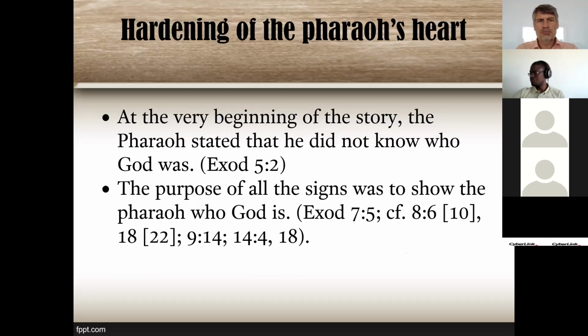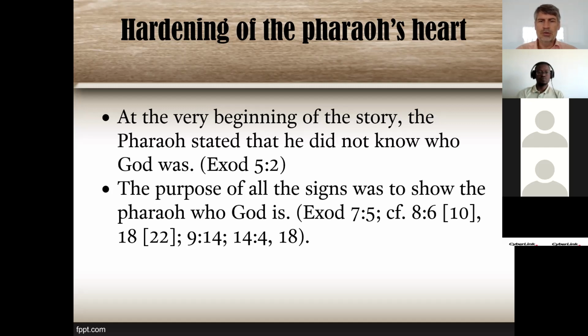And of course, when we speak about the hardening of the Pharaoh's heart and the plagues of Egypt, we cannot avoid this text, Exodus 5:2. In the very beginning, when Moses came to Pharaoh and presented the demand of God to set free the people of Israel, Pharaoh asked a question, who is God?